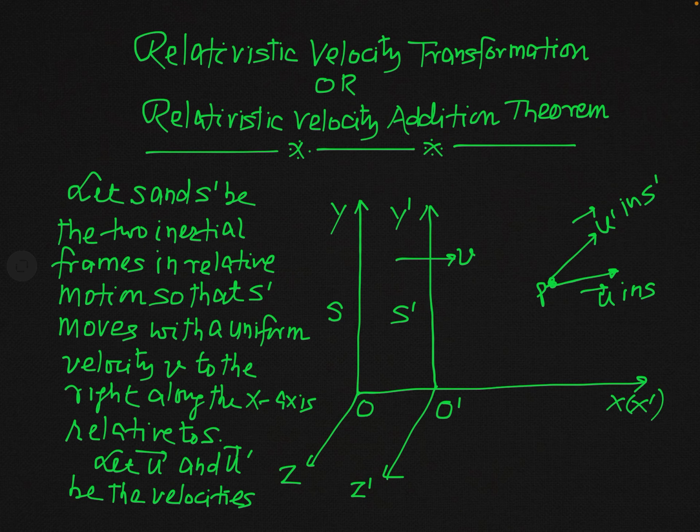It is not different in different inertial frames, but it is the same in all inertial frames, although the frames will be in relative motion with respect to one another. In fact, such a velocity transformation equation is also known as the relativistic velocity addition theorem.